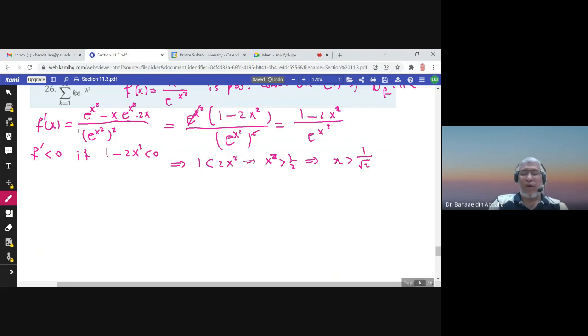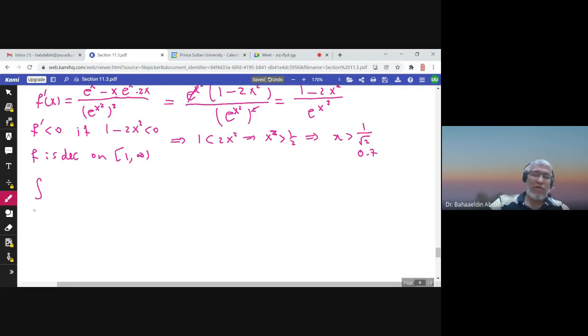We are dealing with positive numbers from 1 to infinity. If you divide 1 over square root of 2, the answer is 0.7. So excellent. So greater than 0.7, f prime is negative. So f is decreasing from 0.7 to infinity, or what I need, from 1 to infinity. So it satisfies all the three conditions.